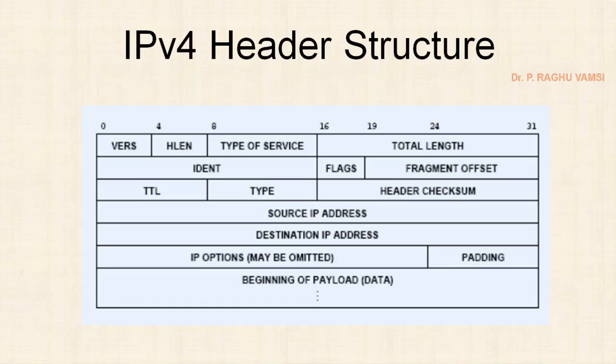One thing you need to remember here in computer networks and communication: there always exist two types of packets. First is control packets. Second is data packets.